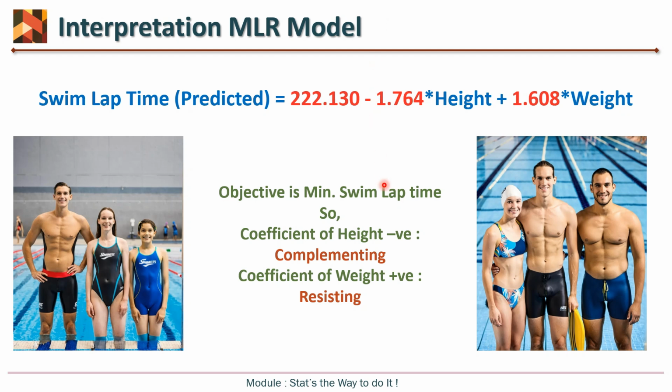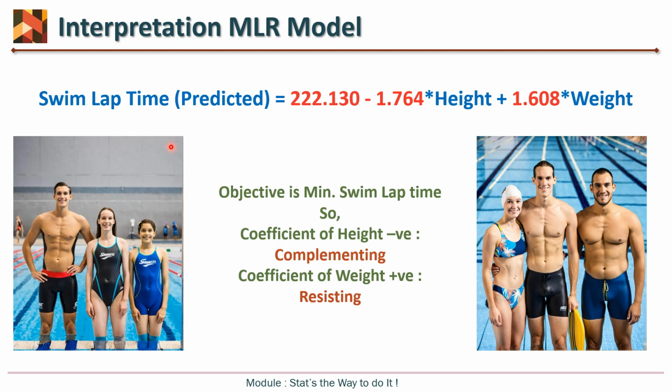Now let us come to interpretation of the MLR model. This is the MLR model which is obtained from the calculator. Now how to interpret this model? I have made an attempt to show you with the help of these pictures. Look at the left picture. It is about height. A man has maximum height, then there is a lady with medium height, and then a girl with lesser height.